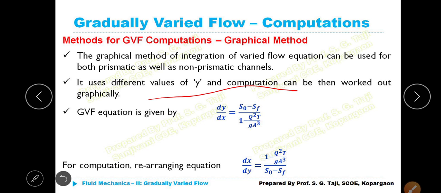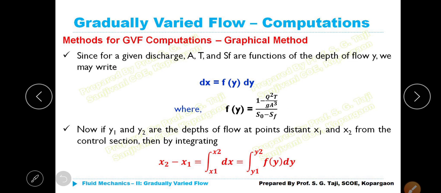The GVF equation is given by, we know, dy by dx is equal to (S0 minus SF) whole upon (1 minus Q square T divided by g A cube). For computation, rearranging the equation, we get dx by dy is equal to (1 minus Q square T divided by g A cube) whole upon (S0 minus SF), just 1 upon.